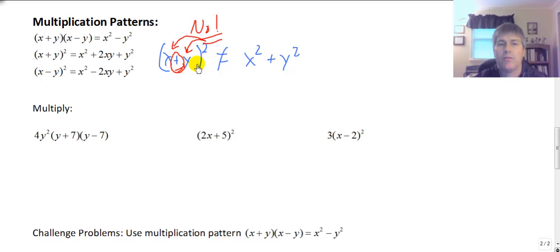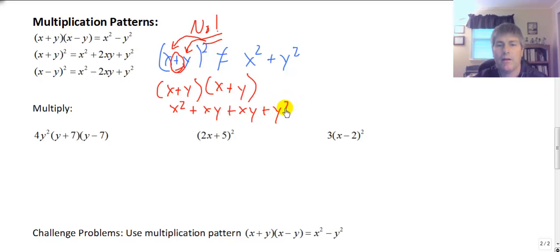Okay? X plus y quantity squared, or x minus y quantity squared, that really is x plus y times x plus y. And then when you FOIL that out, you get x squared plus xy again plus y squared, which is x squared plus 2xy plus y squared.